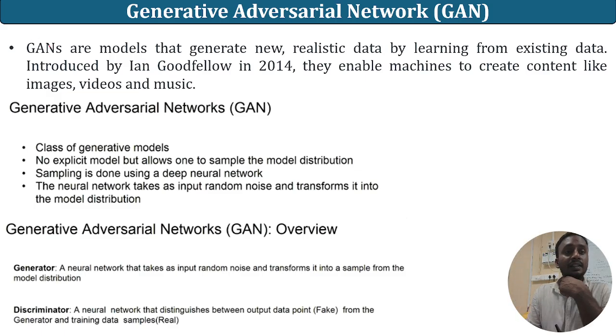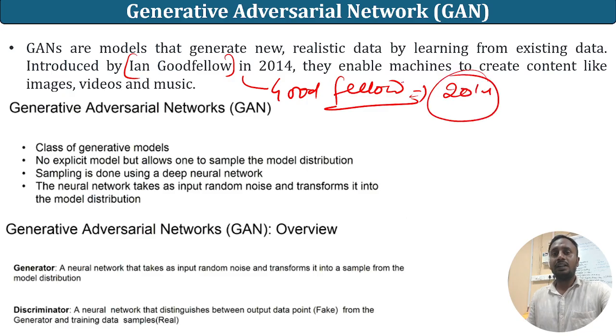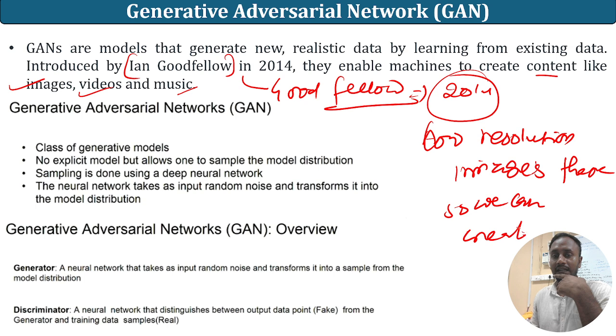So the GAN model generates new relational data by learning from existing data. It is from Ian Goodfellow, the book we are following, and was introduced in 2014. It enables machines to create content like images, video, and music. For example, if we have a very low resolution image, we can create a high resolution image.